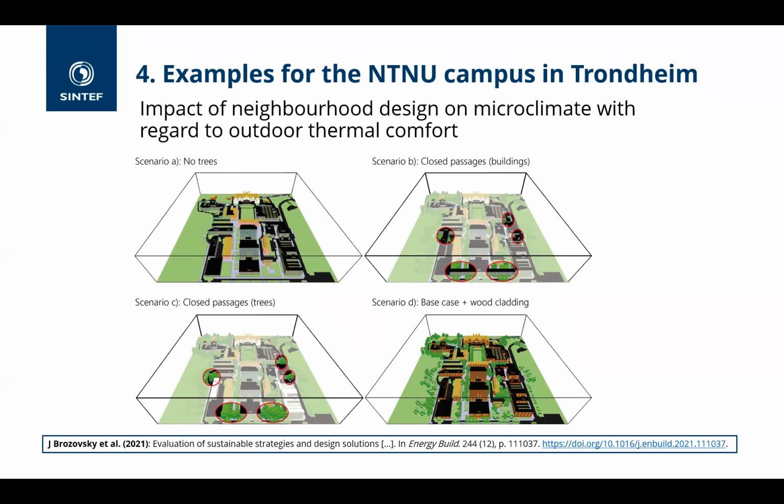So we investigated different scenarios. In the first, the goal was to increase solar access. In scenarios B and C, it was to close these passages between the buildings to reduce the wind speed. And in the fourth scenario, we changed the surface material so they would absorb more solar energy and be warmer, and therefore increase the outdoor thermal comfort. That was at least the idea.